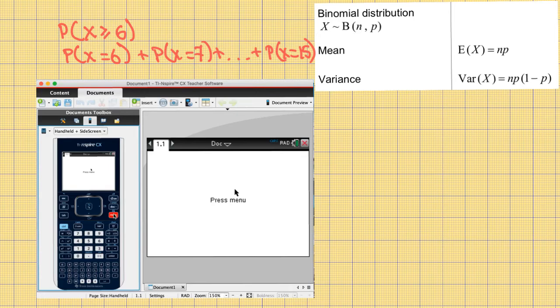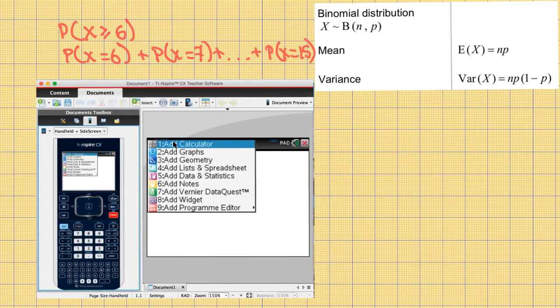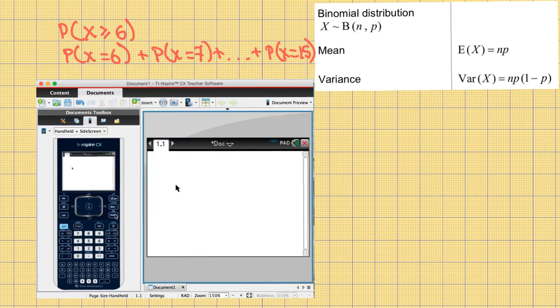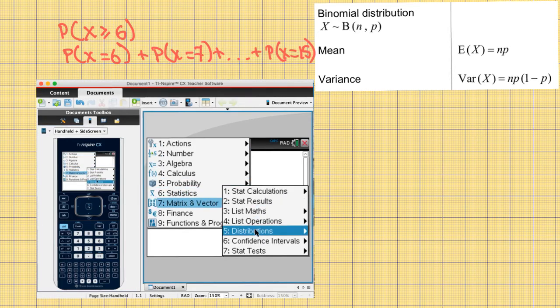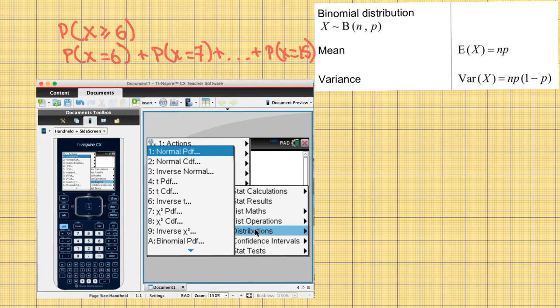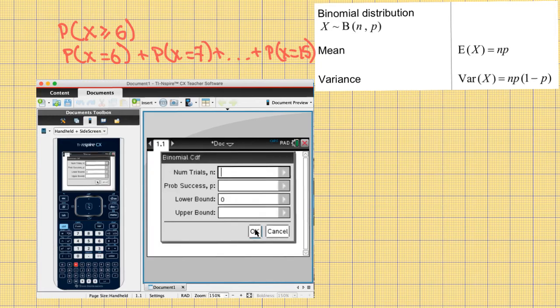So menu, calculator page, menu, statistics, distributions, B. So our number of trials is 15. Our success was 0.75. Our lower bound, we want 6 or more, so that is 6. Our upper bound is 15.